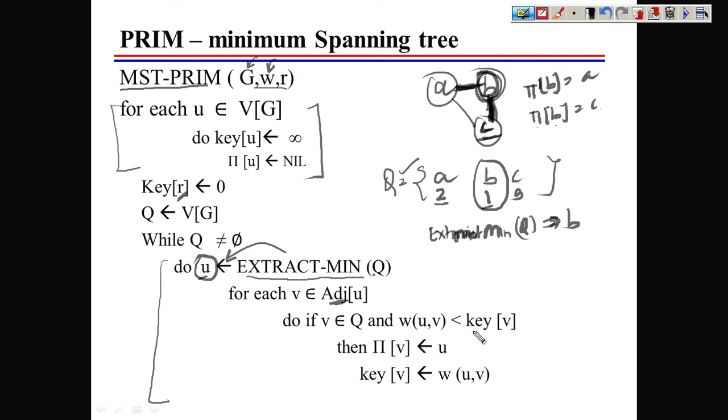w(u, v) and key of V. Now what does that mean? It means we will look at all the vertices V which are neighbors of the vertex which we have extracted.